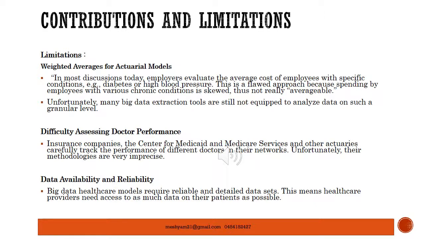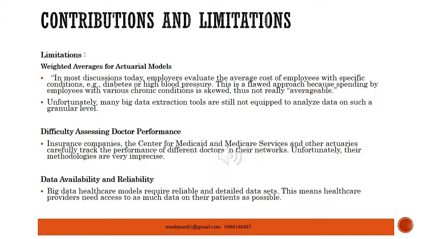Another limitation is difficulty assessing doctor performance. Insurance companies, the Centers for Medicare and Medicaid Services, and other actuaries carefully track the performance of different doctors in their networks. Unfortunately, their methodologies are very imprecise.